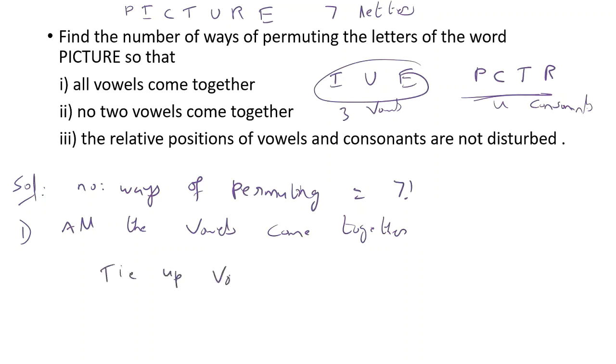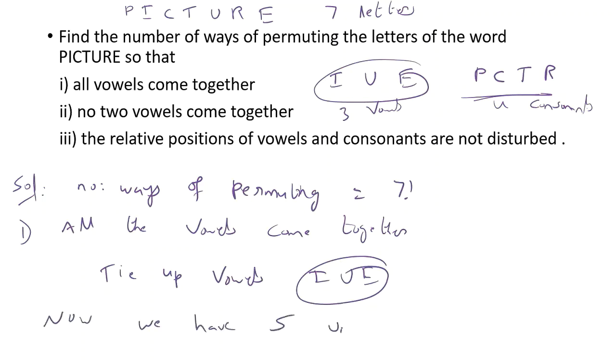Tie up vowels. So now we have 5 units. So why we have these 5 units? Because we have 4 consonants and 1 unit consisting of vowels.